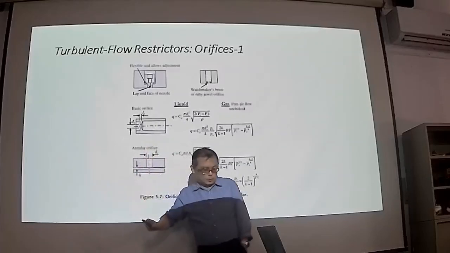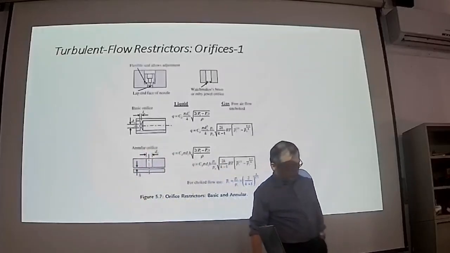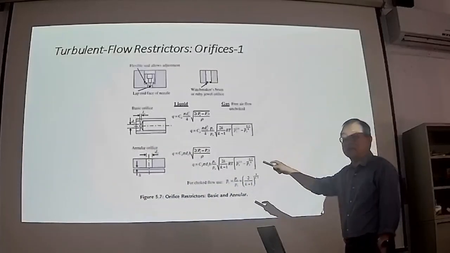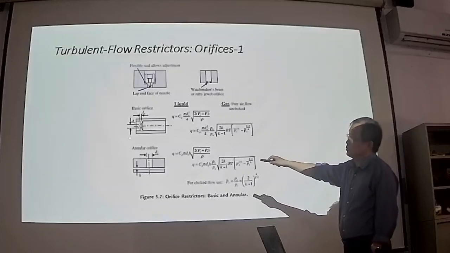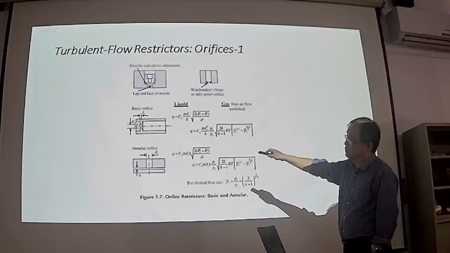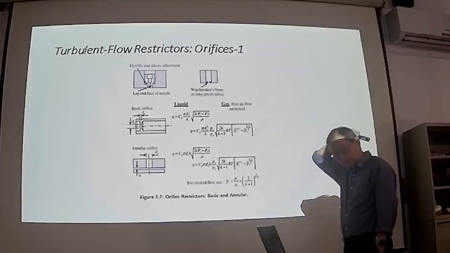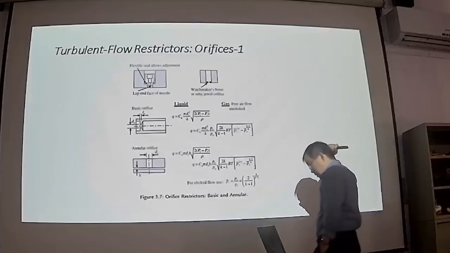It's quite cheap for that. They are selling this orifice restrictor by kilo. Okay, so you can choose the orifice restrictor with some certain inner diameter, C0. Okay.